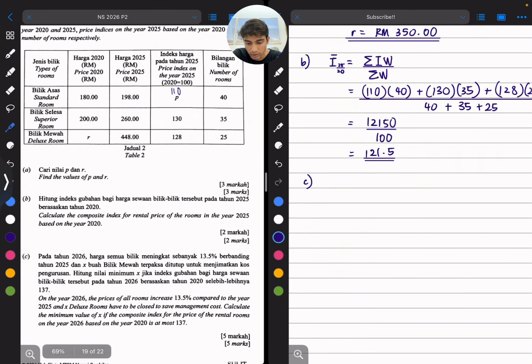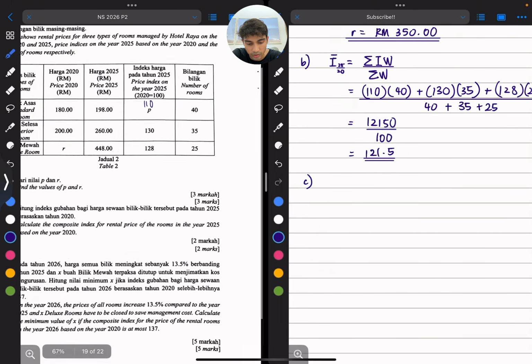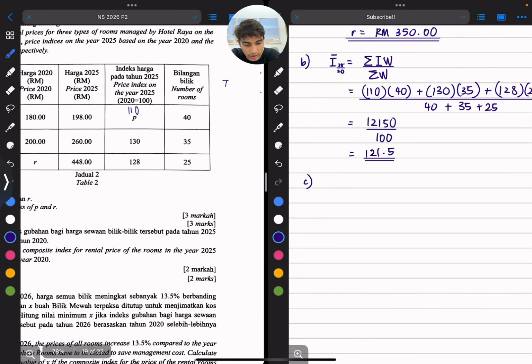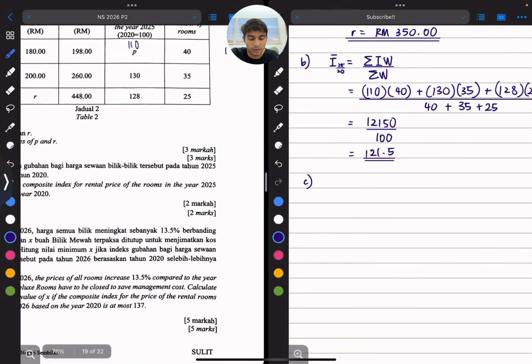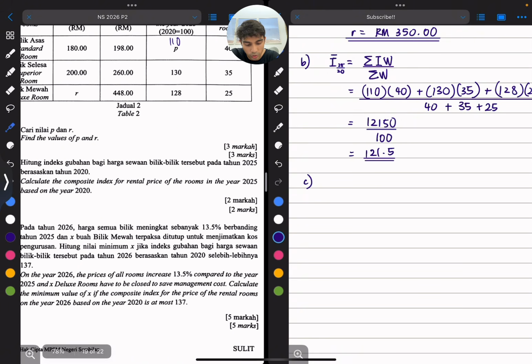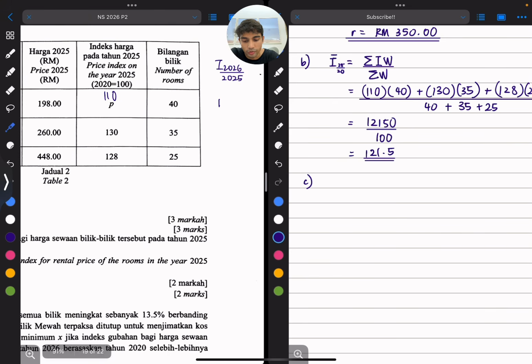So individually, we can say the index of 2026 based on the year 2025 is 113.5%, because from 100% it increased 13.5%, which means 113.5% for all rooms. Right.